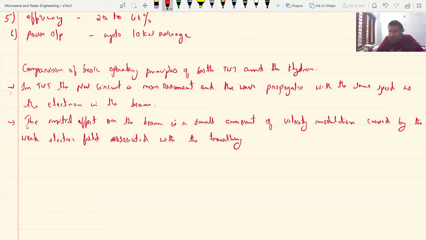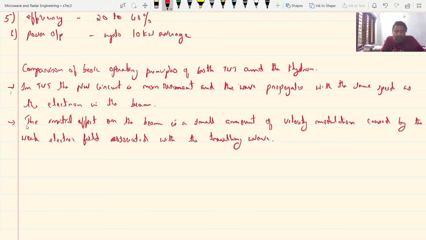Associated with the traveling wave. The effect on the beam is that it will create a small amount of velocity modulation that is caused by the weak electric field associated with the traveling wave.